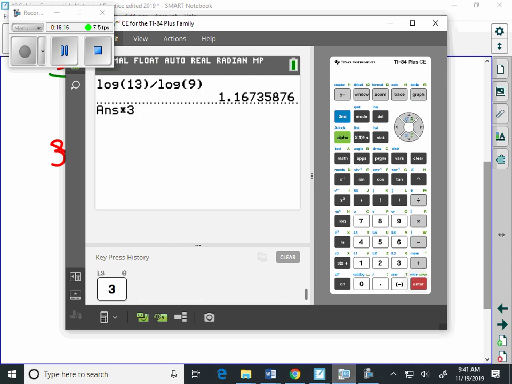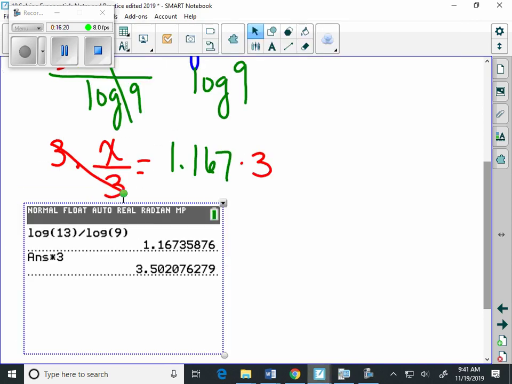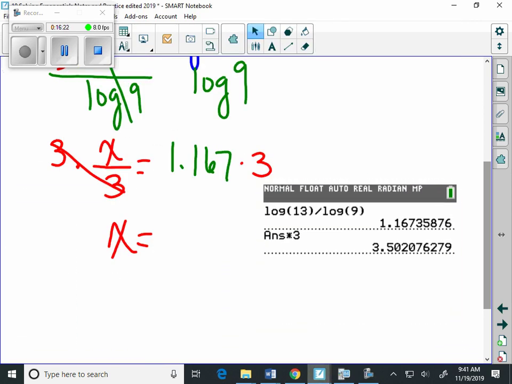We'll get 3.502 or so. And it actually is 3.502, because when we're rounding to the thousandth, tenths, hundredths, thousandths, so 3 decimal places, we're looking at the 0 to determine what to do to the 2. And since 0 is less than 4, it's 3.502.